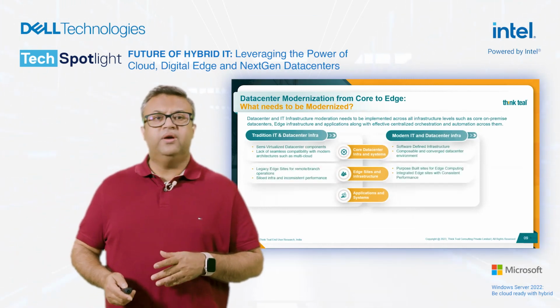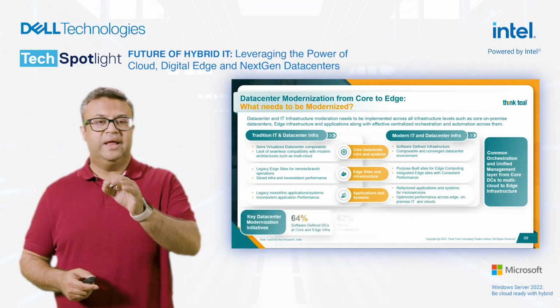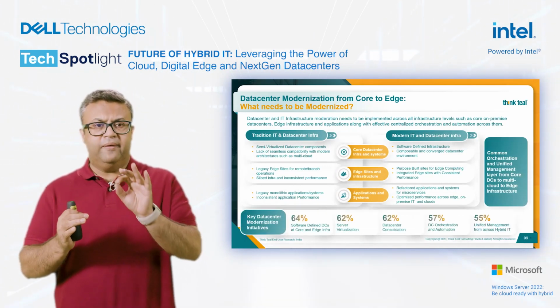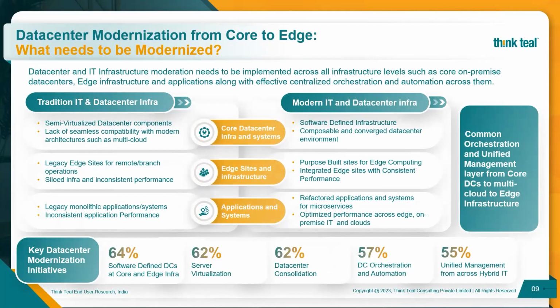So one of the ways to do that, A is this. So A, when we look at a modern IT and data center setup, mostly they will be software defined, right? They will be using composable and converged data center environments. B, there will be purpose built sites as far as edge sites go, using the latest of edge sites with consistent performance.